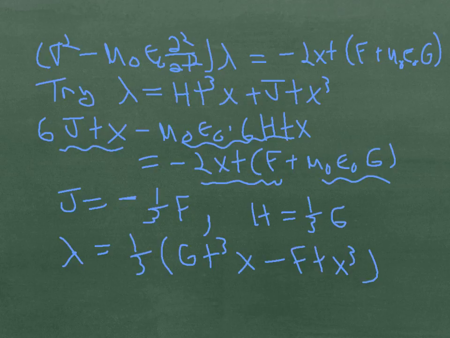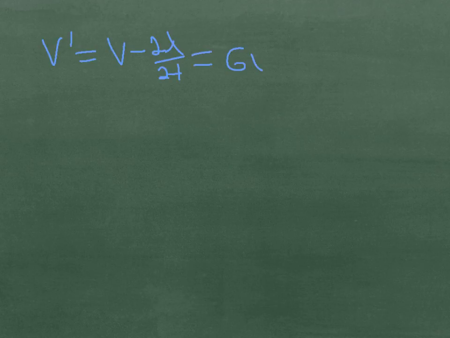So that's step one. We found lambda. Now the next step is to plug that back in and get our V prime and our A prime. V prime, by definition, is always going to be V minus d lambda dt. So our initial V is g x t squared, and then we take our time derivative of our lambda.